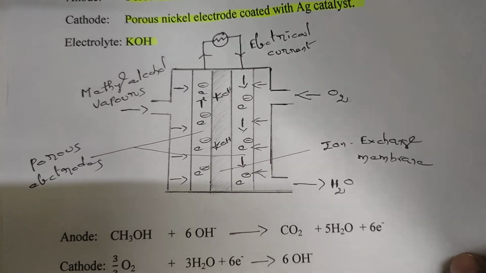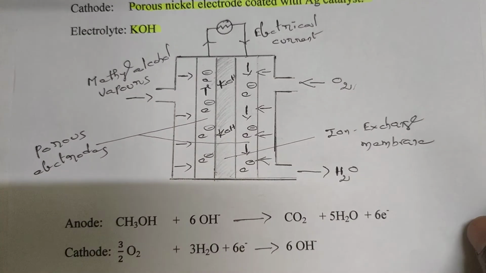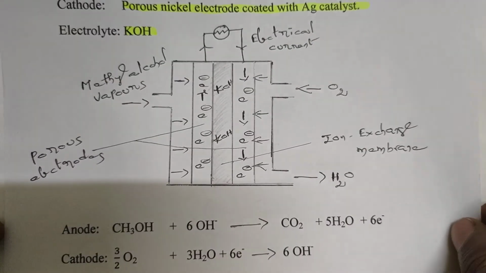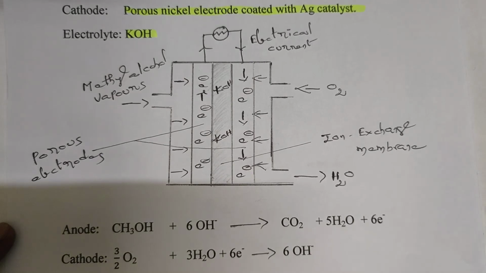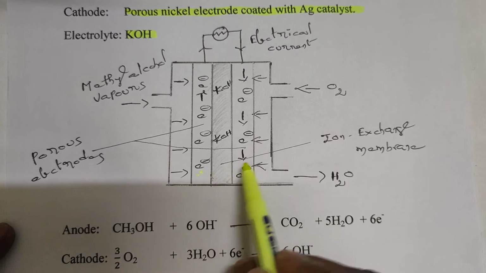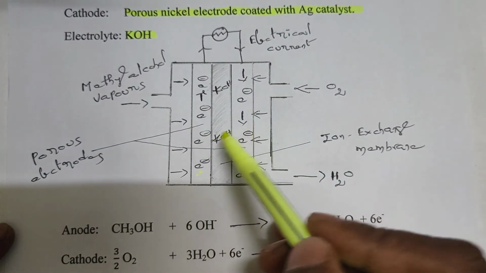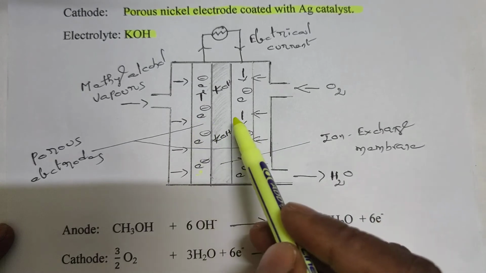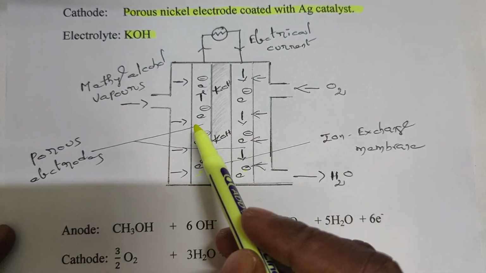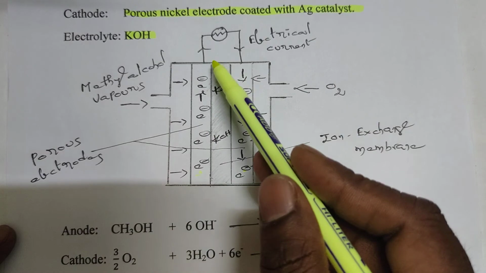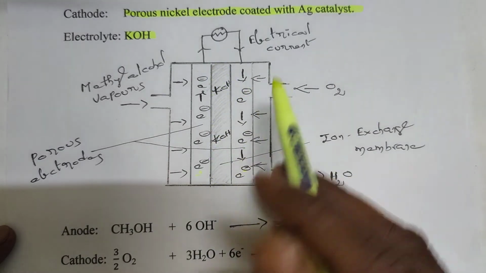In the previous class I explained the construction of a fuel cell. Whatever the fuel cell may be, it consists of two porous electrodes. These two are separated by an ion exchange membrane, through which exchange of ions takes place from left side to right side or right side to left side, and an electrolyte solution is circulated through this membrane.